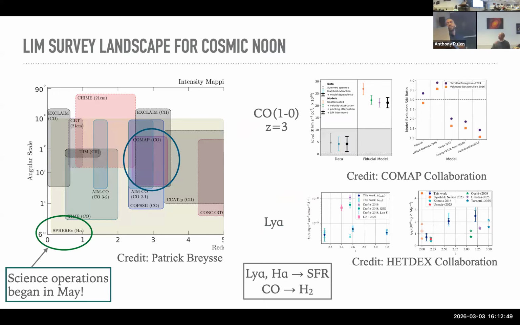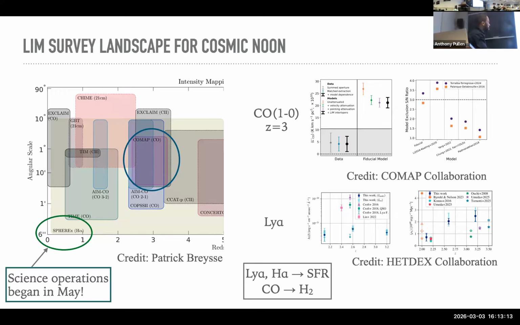Here are some quick examples of measurements that have been done so far. On the left-hand side, you see maps of different surveys that are in different stages of being proposed or operating. This is a graphic produced by my former postdoc Patrick Pricey, whose work I'm going to feature later in the talk.